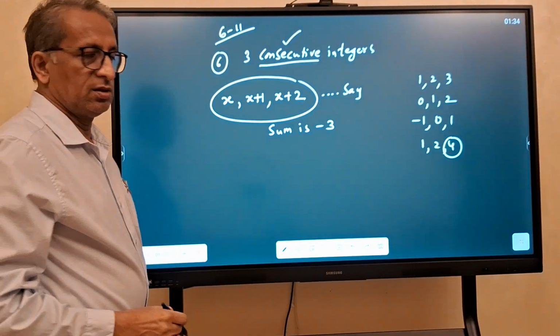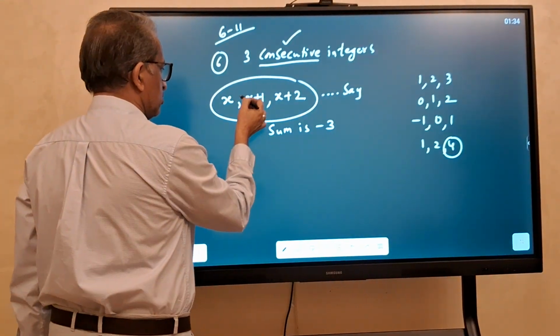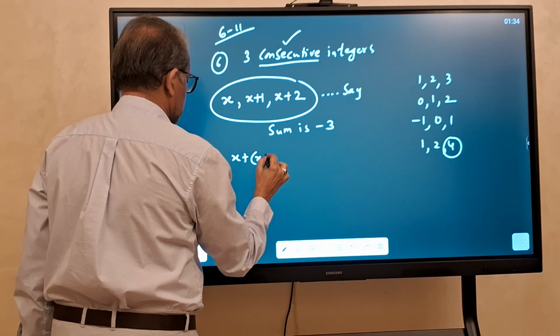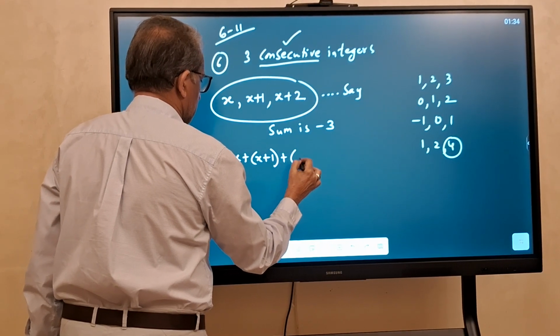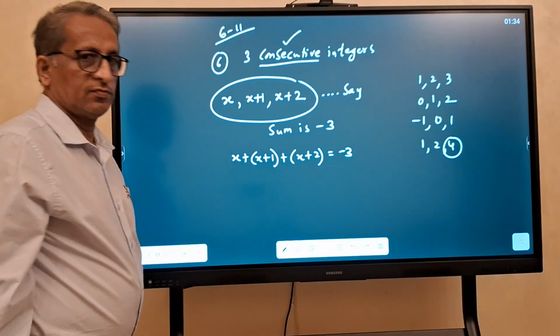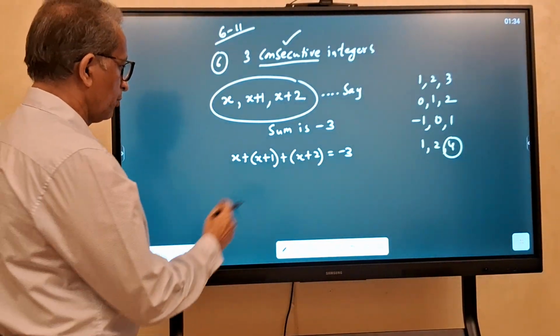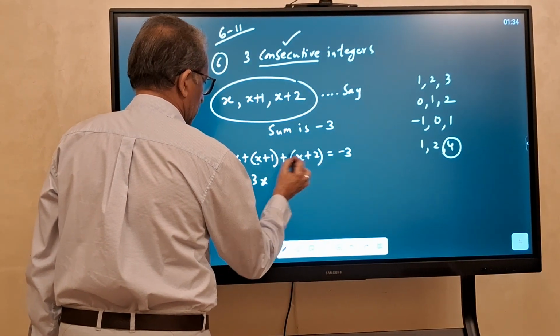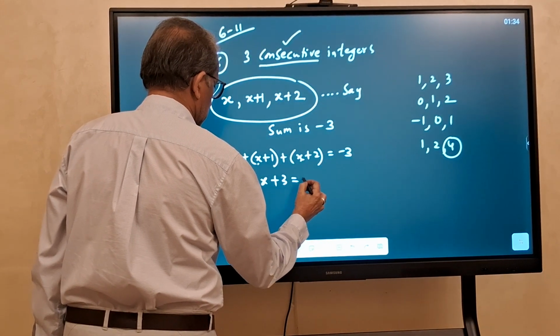Let's convert this into an equation: the sum means x plus x plus 1 plus x plus 2 equal to minus 3. This is given. Open the bracket. We have 3x, then 1 plus 2, that is 3.